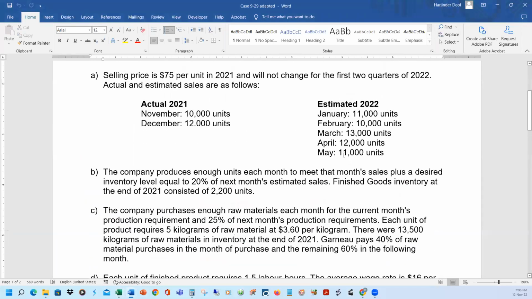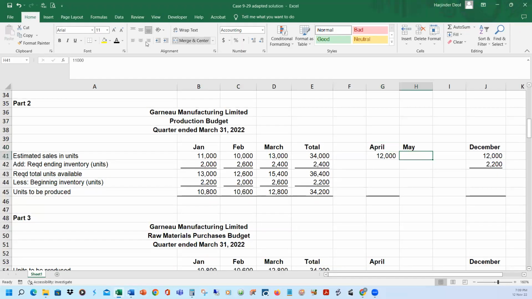And in the month of May, we estimate 11,000 units will be sold. So 11,000 units are expected to be sold in May. Of that, 20% we would want to maintain as the ending inventory for April. So we need to have a total quantity of 14,200 units of finished goods for April.